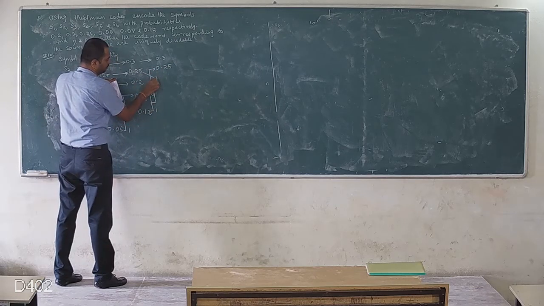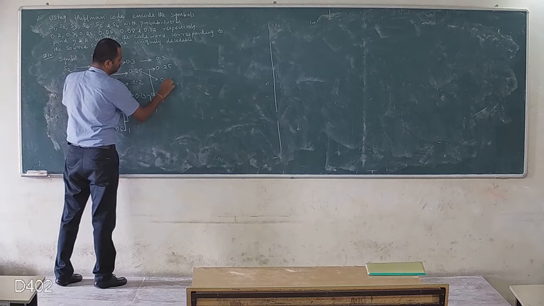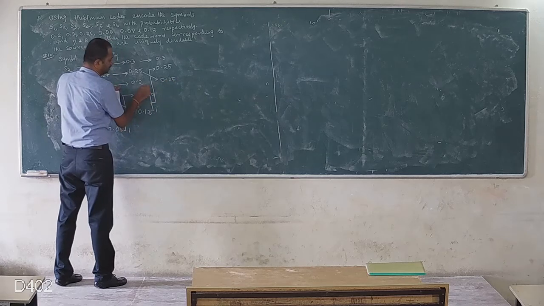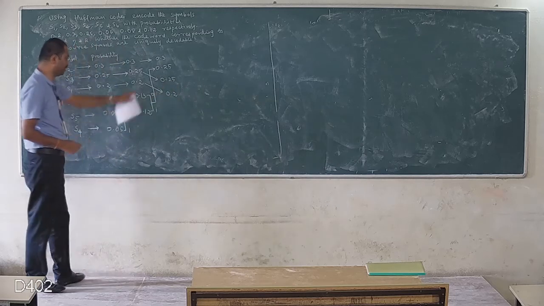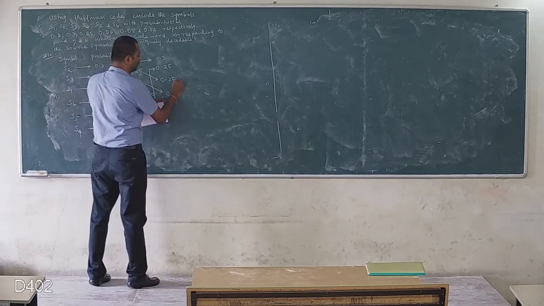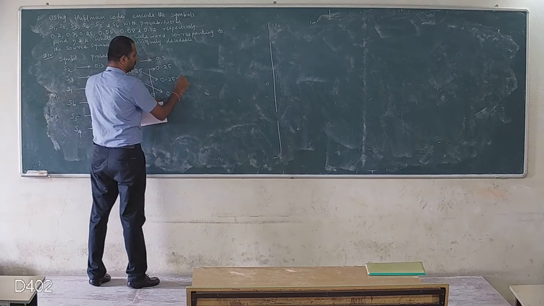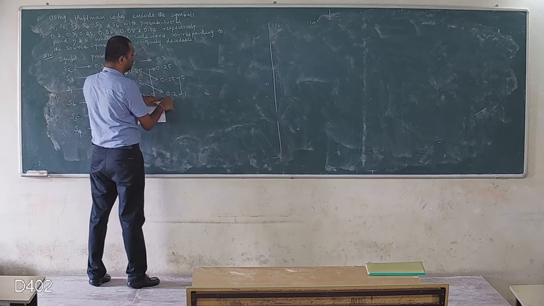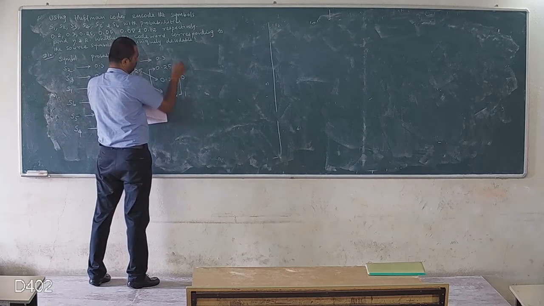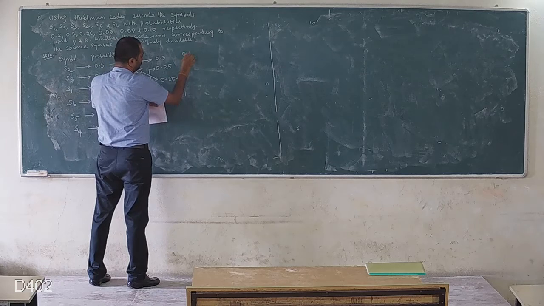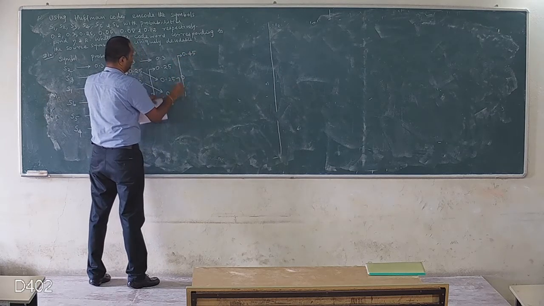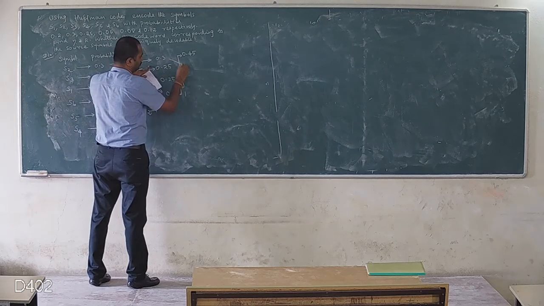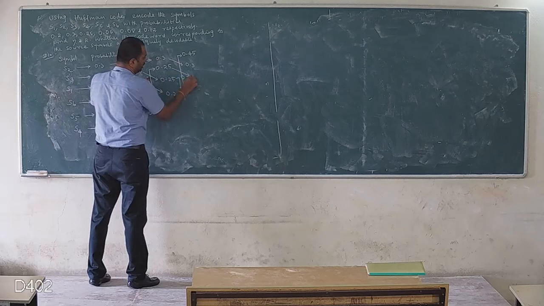Then bring this 0.25 down and bring this 0.2 down. Now for the lowest two probable symbols, you assign a 0 and 1. Add these two, you get 0.45. So I have to keep it at the top. Then bring this 0.3 down, bring this 0.25 down.